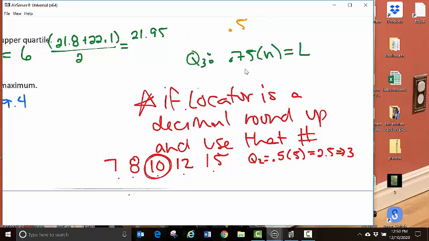Using this locator method, though, half of 5, because there are 5 numbers, 0.5 of 5 is 2.5. Says round that up, and it said use the third number. So it's telling me that my Q2 is 12. That's the difference.